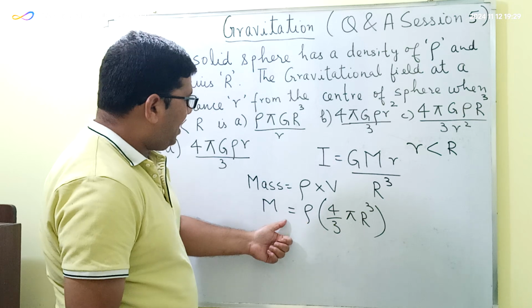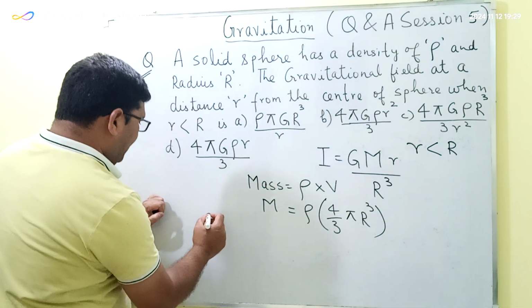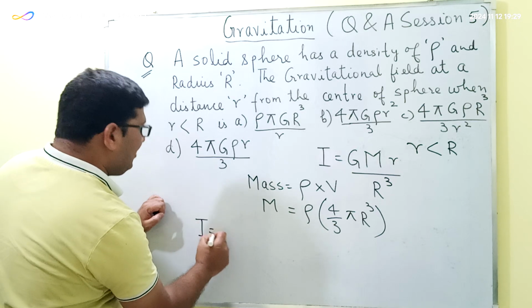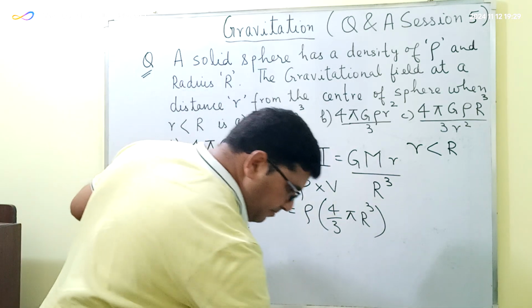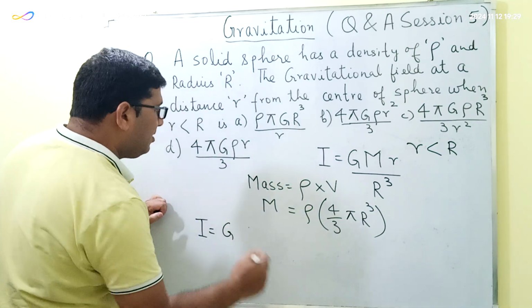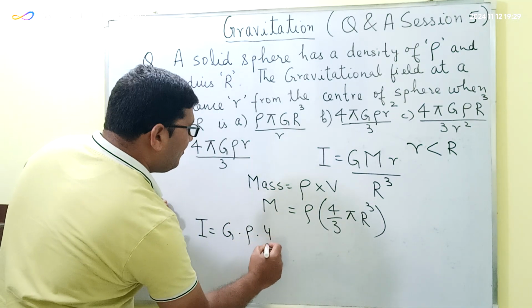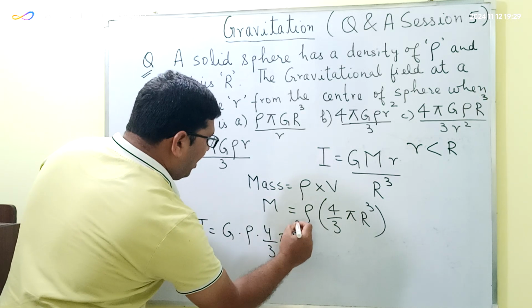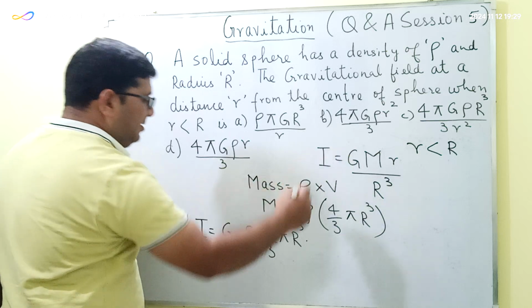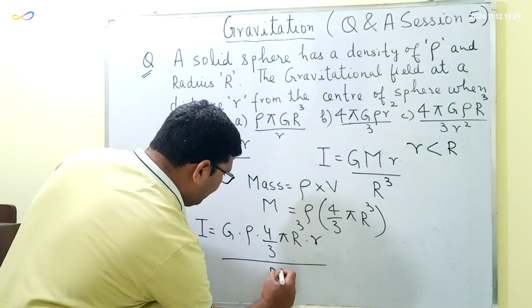Now the value of this mass will be substituted in this equation, and the value of I will be G into rho into 4 by 3 pi R cube, multiplied by small r divided by R cube.